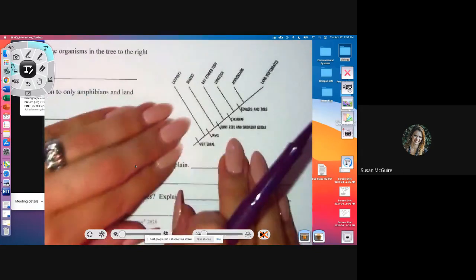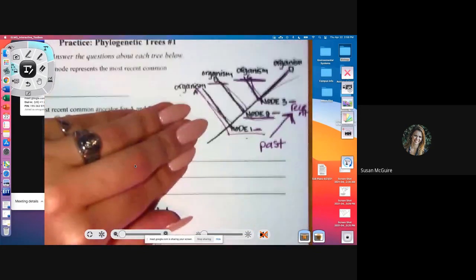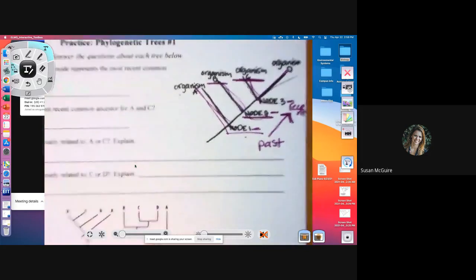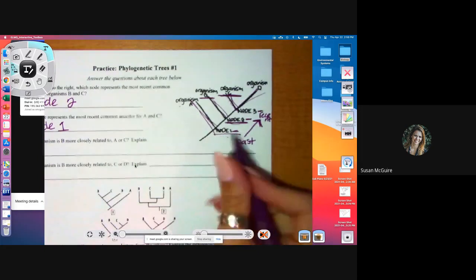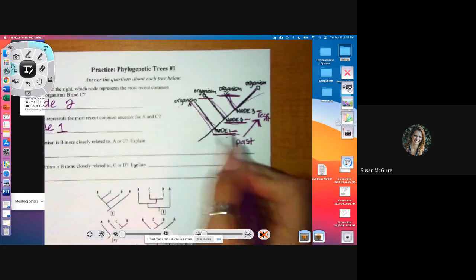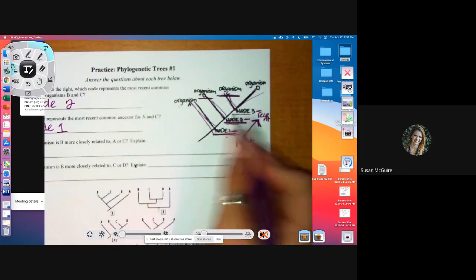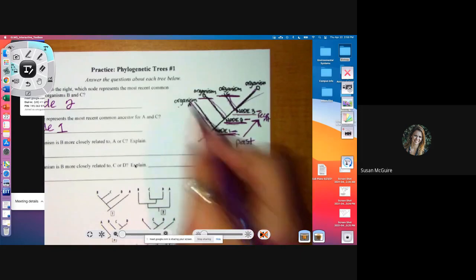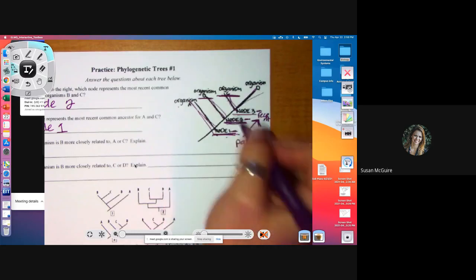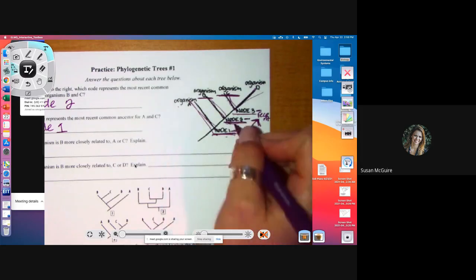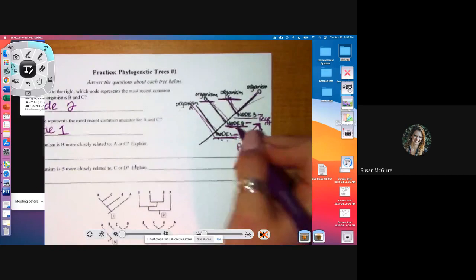It makes more sense when you're looking at one like this and not one like this. I like to say traits. The notes say common ancestors for nodes. But organism A has this trait. It's just that this is the most recent. Yes, this is a common ancestor, but this is the most recent in time.